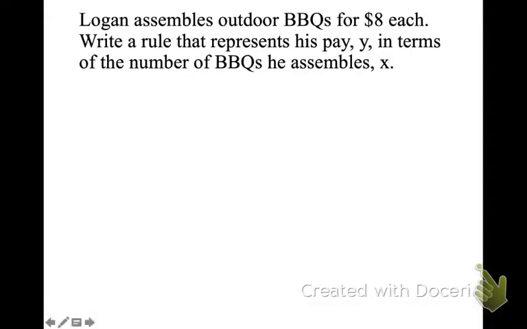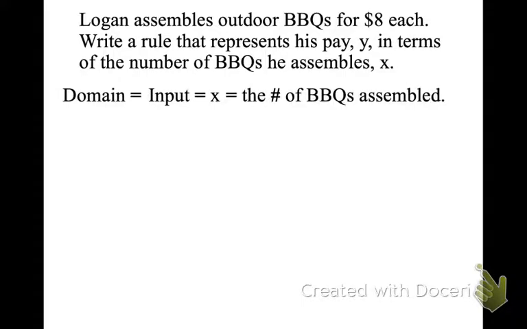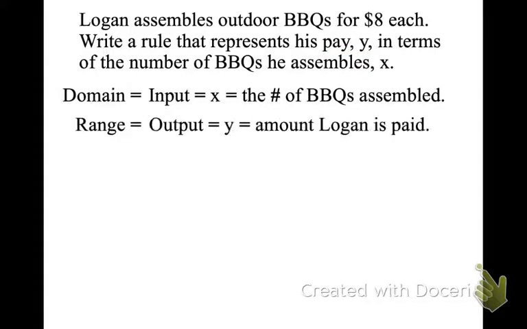Let's say our domain is the number of barbecues. It's our input, the number of barbecues assembled. And the y, which is also our range, or the output, is the pay that he gets.